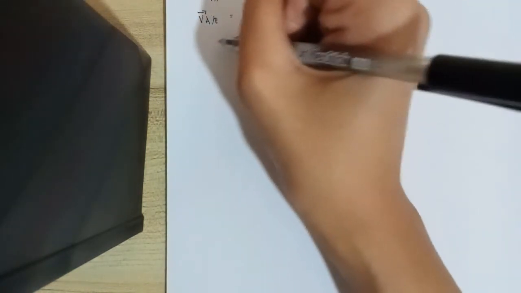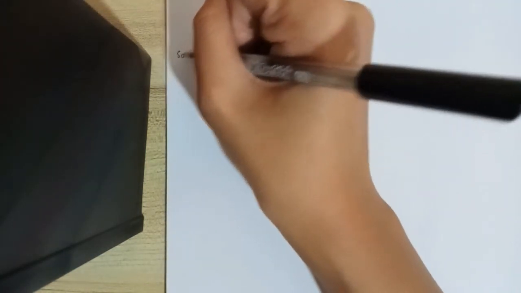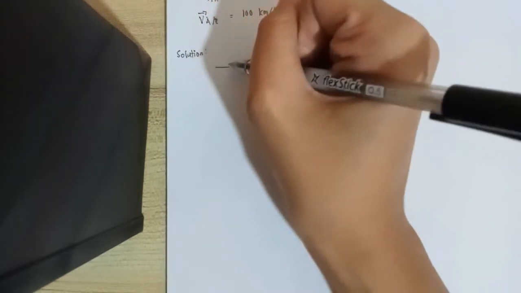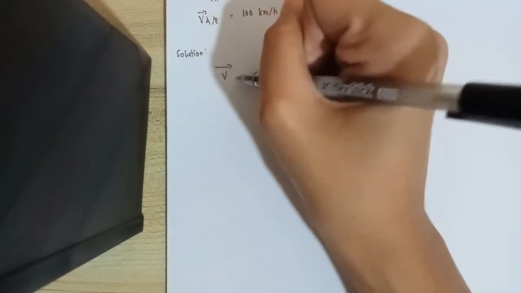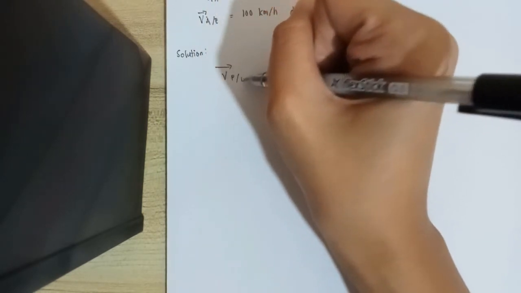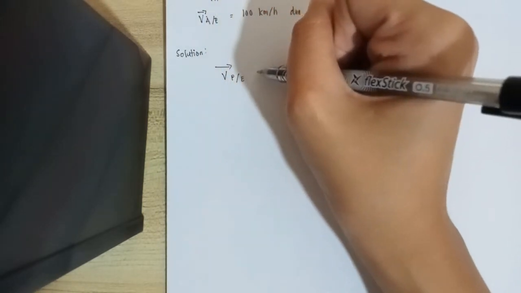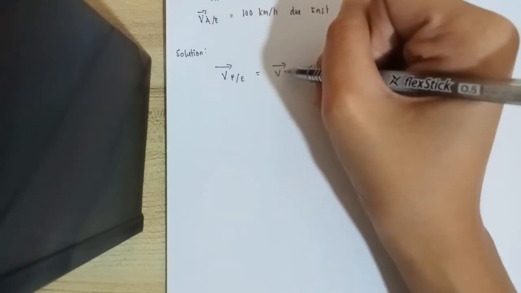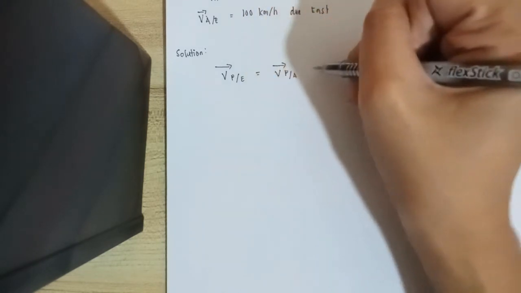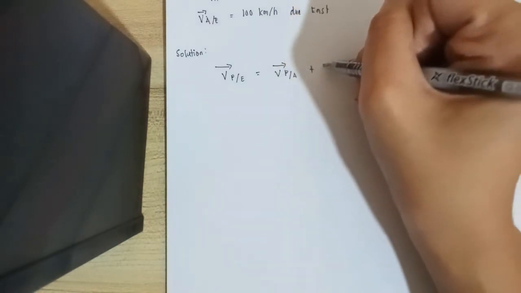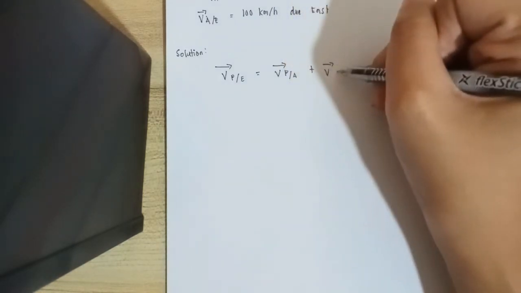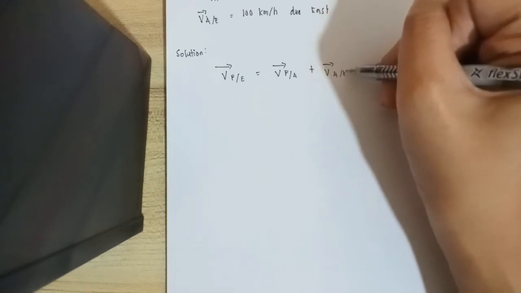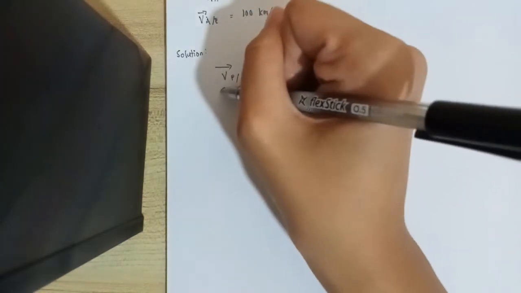So, solution. That would be the velocity of the plane relative to Earth, which is the unknown, is equal to the velocity of the plane relative to air plus the velocity of air relative to Earth.